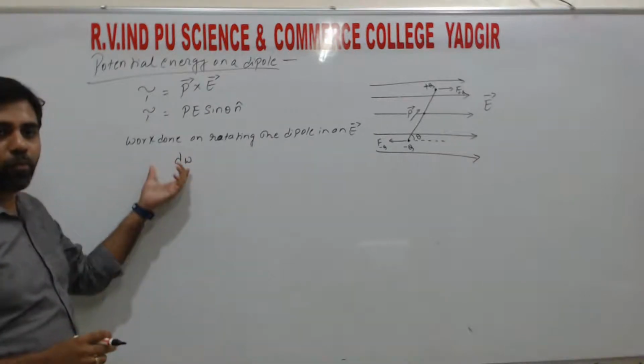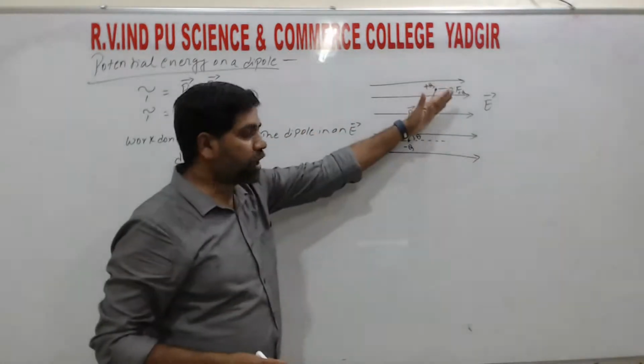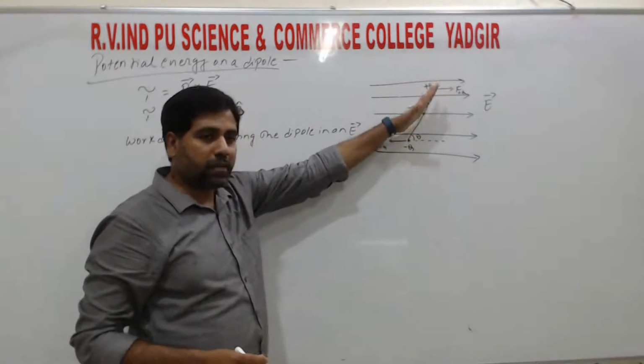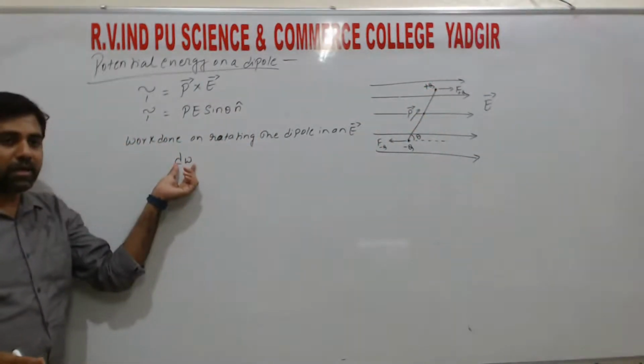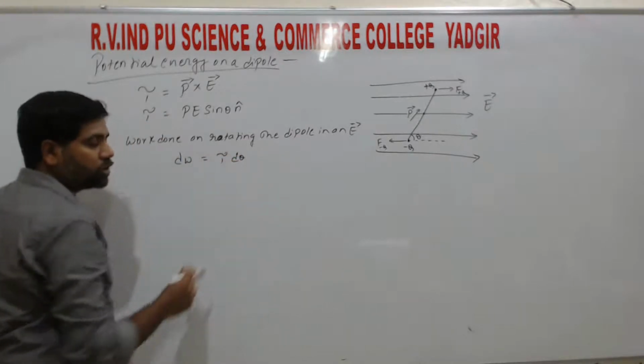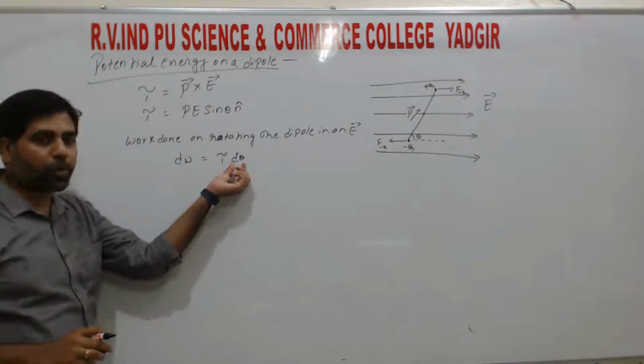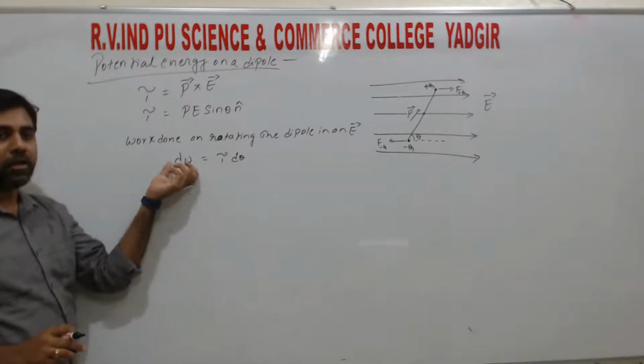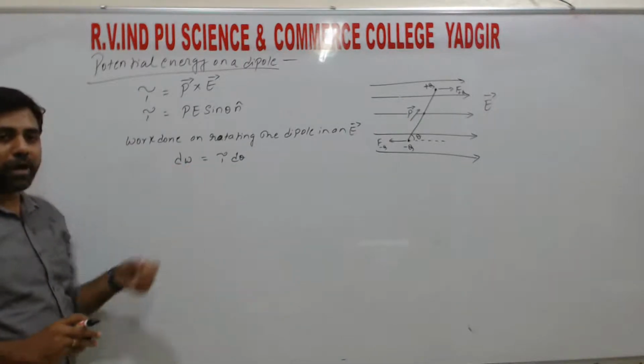If it rotates a little, a little work is done. That means small work is done when the torque tau acts through a small rotation. Now we are going to find the total work done, right?